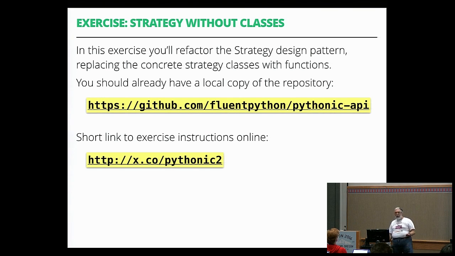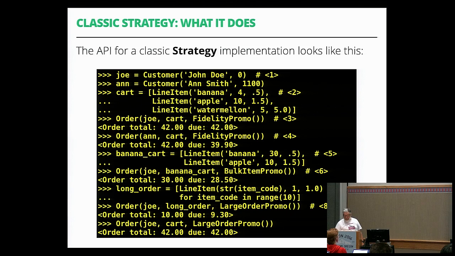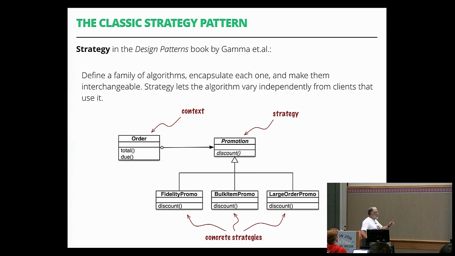Whenever you see a design pattern that has you implementing an interface that is made of one method, that's kind of a smell. This idea came from another language where functions are not objects. Because if the interface has just one method, you can replace it with a function and just call the function.